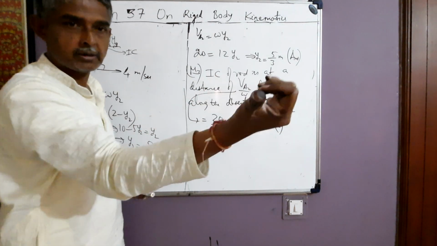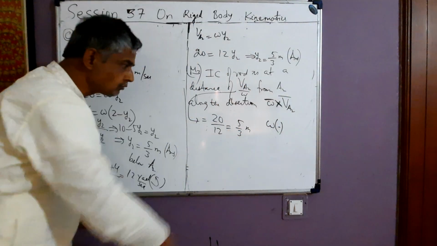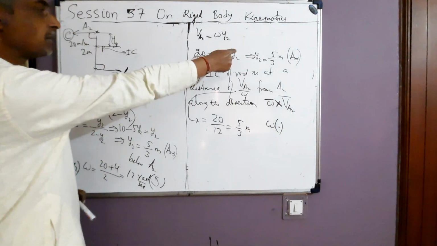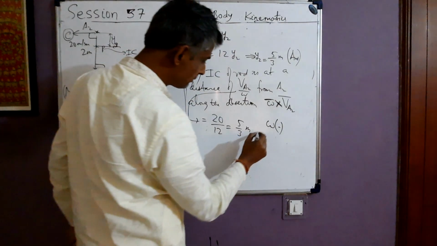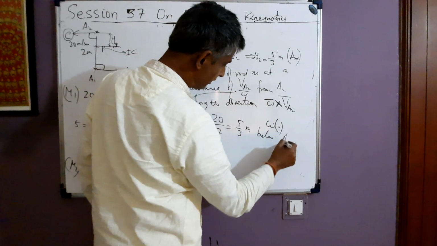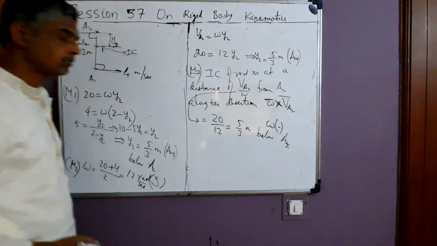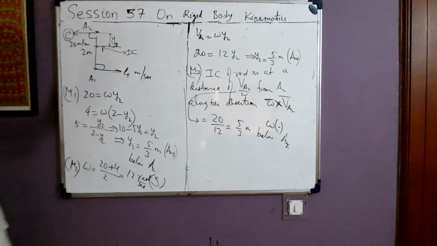So omega cross VA2 is downward. So 5 by 3 meter vertically below point A2, which is the same as we obtained by method 1 and method 2. This we have obtained by method 3.